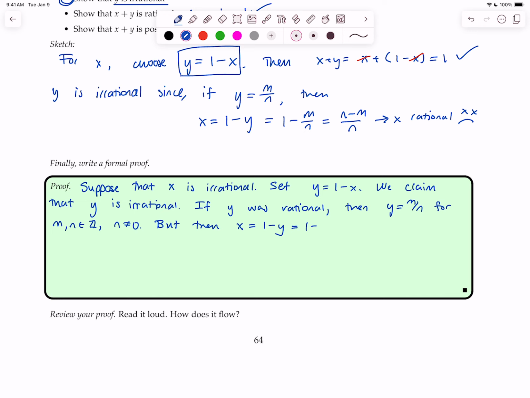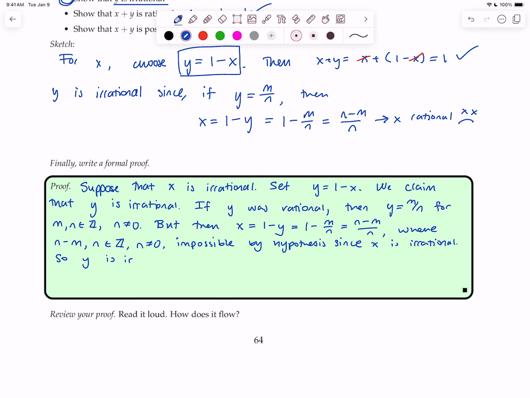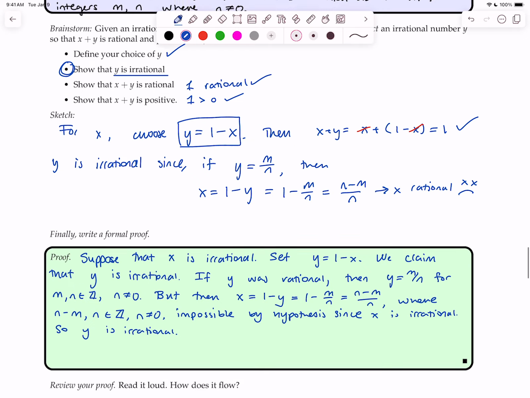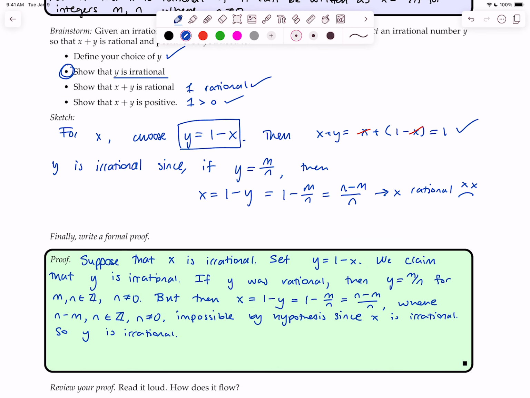And then that's 1 minus m over n, which is n minus m over n, where n minus m and n are both in Z with n not equal to 0, which is impossible by hypothesis, since x is irrational. So y is irrational. Okay, so we checked off those two boxes.